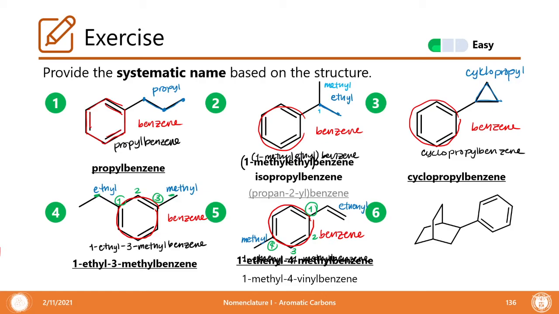I'll show you the hierarchy of that after we solve this. So we first name this as our parent chain. We have 1, 2, 3, 4, 5, 6, 7, 8. So this is oct, bicyclo-oct, and then ane, because it is an alkane.